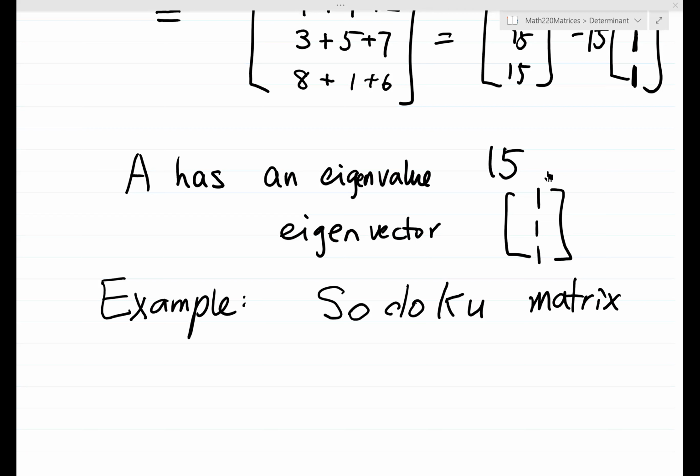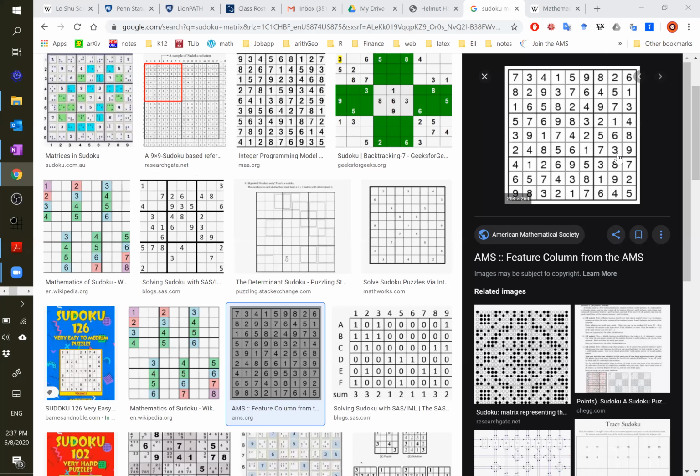We rearrange the numbers such that every row and column is just a permutation of 1, 2, 3, 4, all the way to 9. Every row and column contains the numbers 1 all the way to 9 exactly once.